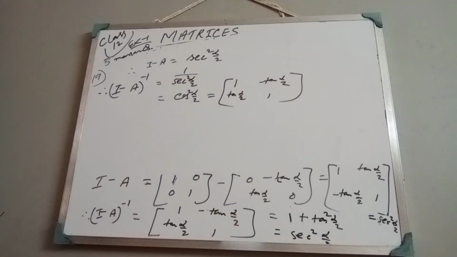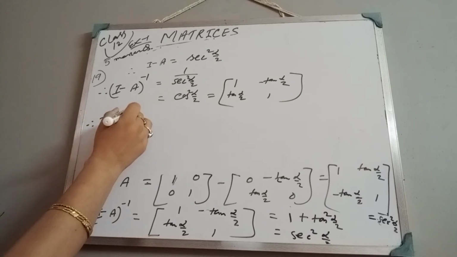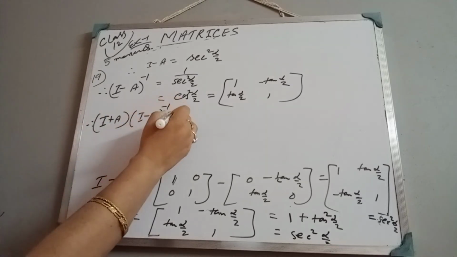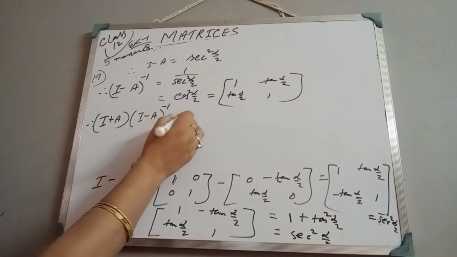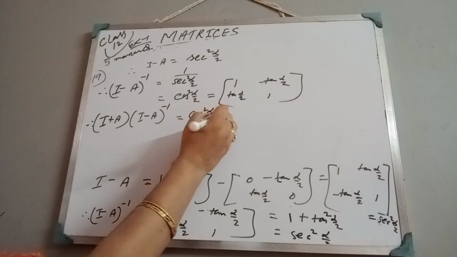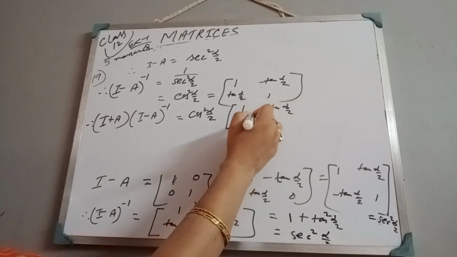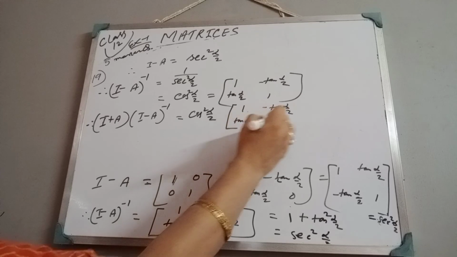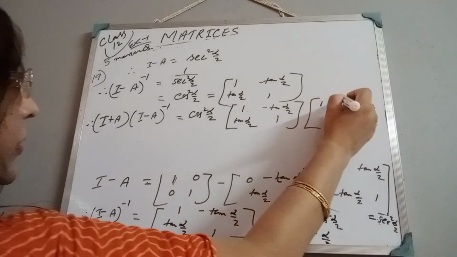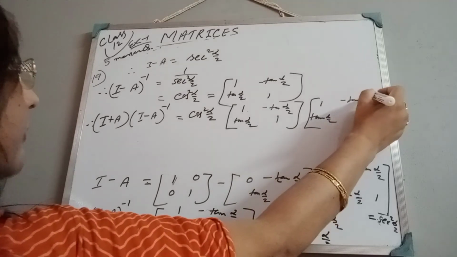Therefore, I plus a into I minus a whole inverse, which means 1 by I minus a, is equal to cos square alpha by 2 into the matrix 1 minus tan alpha by 2, tan alpha by 2, 1.